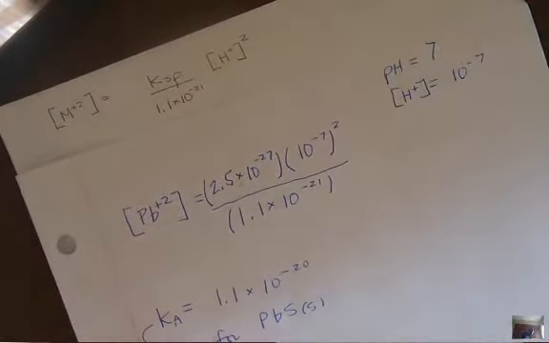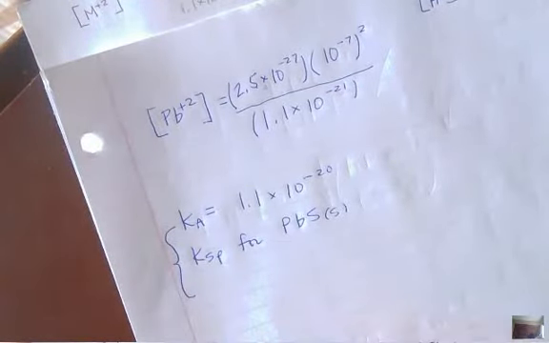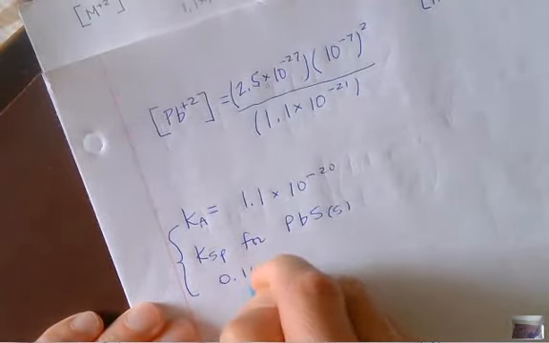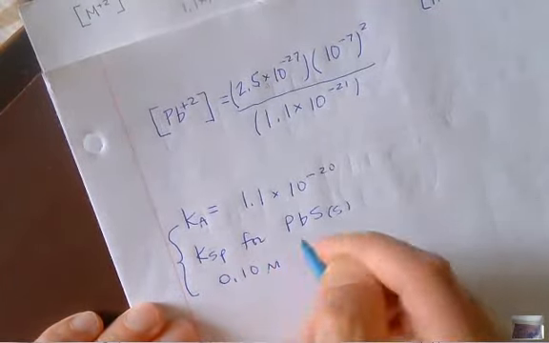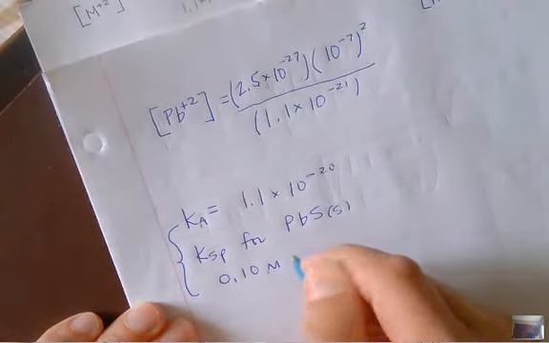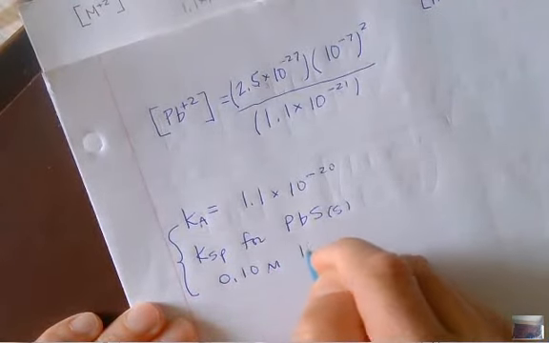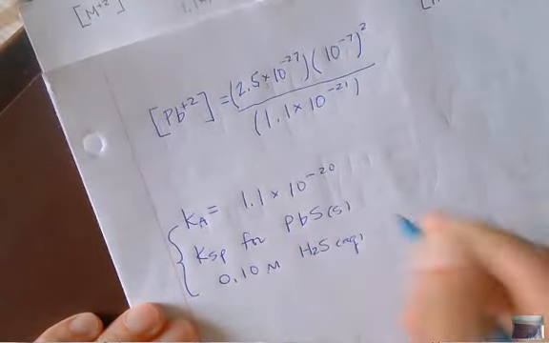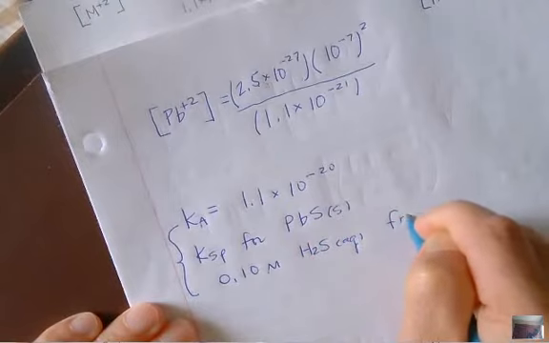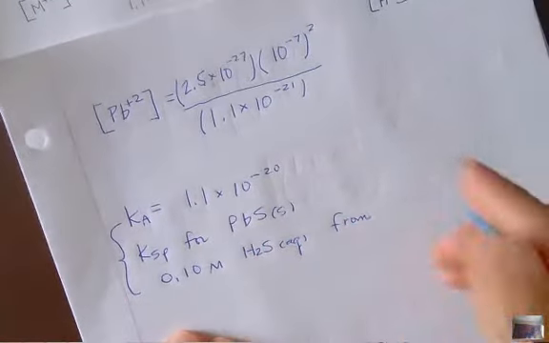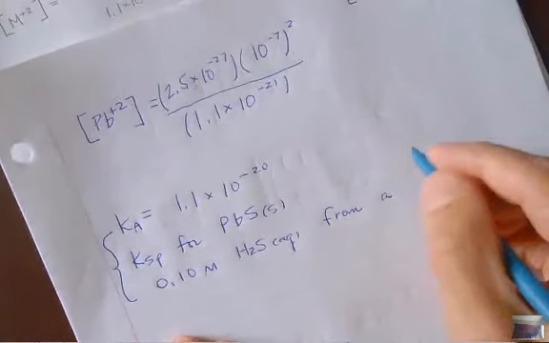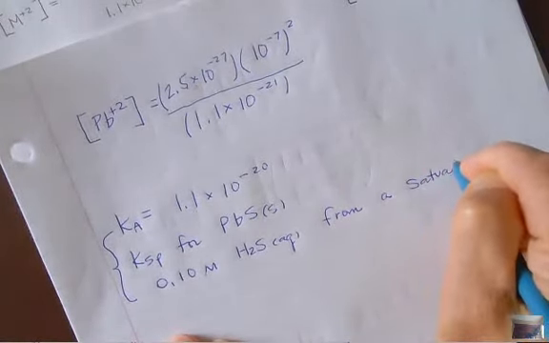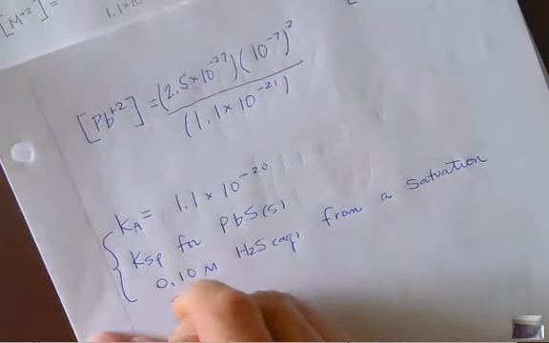And there's only one more fact that we put together here, is that if we keep the bubbler on, right, from the Henry's law constant, I can make a 0.1 molar solution of H2S aqueous from a saturated solution.